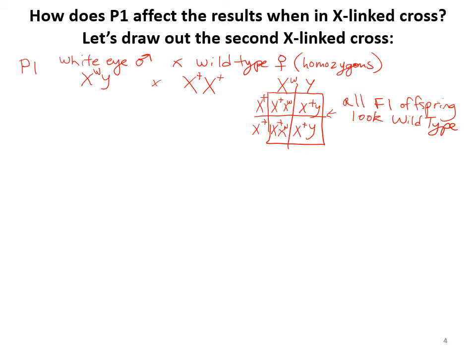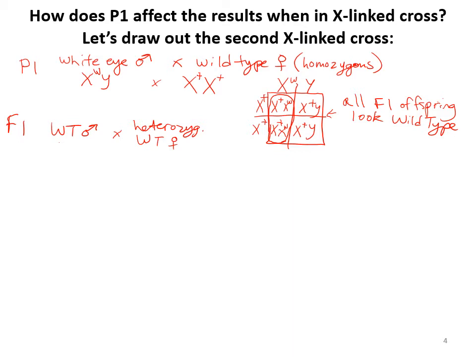Okay? Now, we then cross those wild type F1 together to make our F2. So we have the wild type males from that cross, and we're crossing them now with heterozygous wild type females, because notice each of these females in the F1 carry 1 allele of each type, 1 wild type, 1 white-eyed.